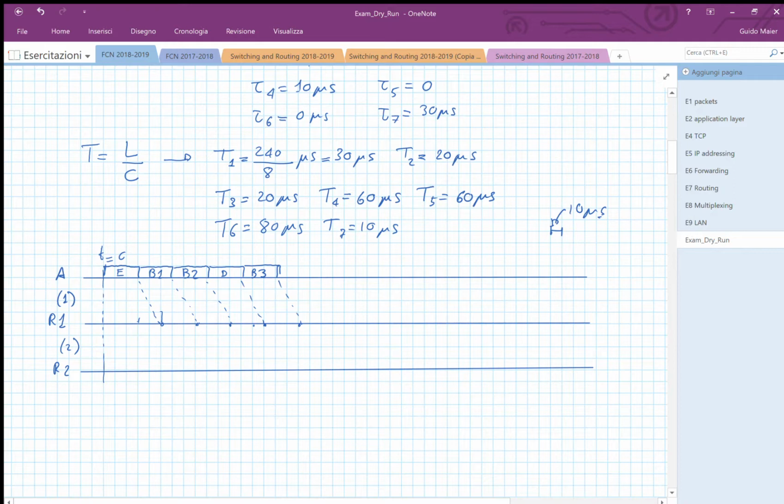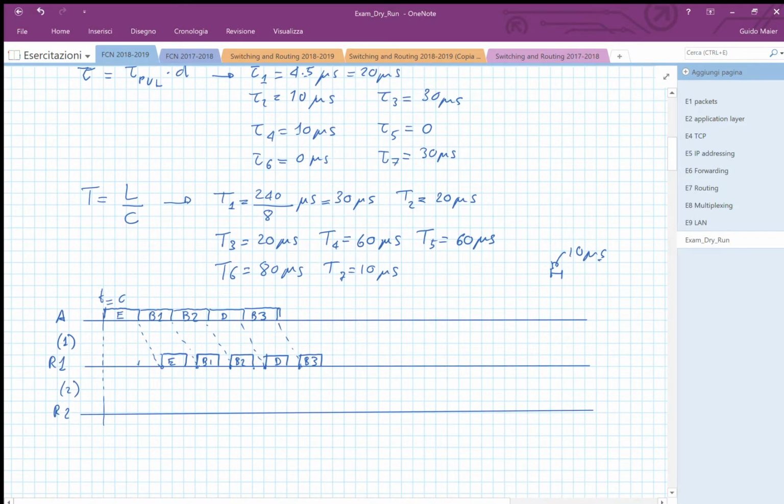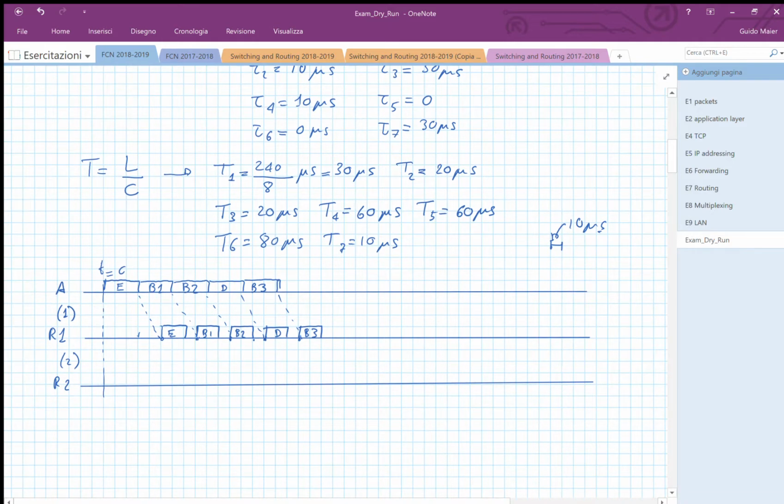So I can start writing the packets here: E, B1, B2, D, and B3. They will arrive in R2 after a propagation delay of 10 microseconds.